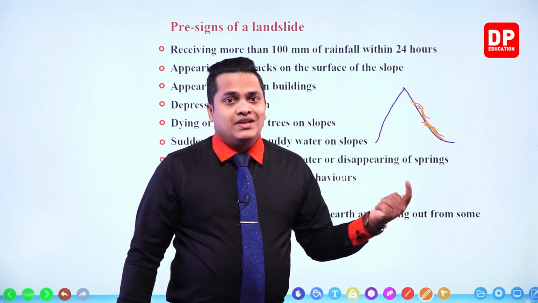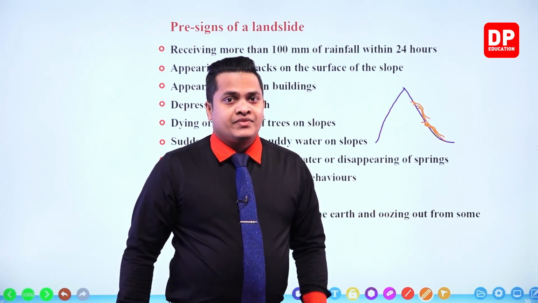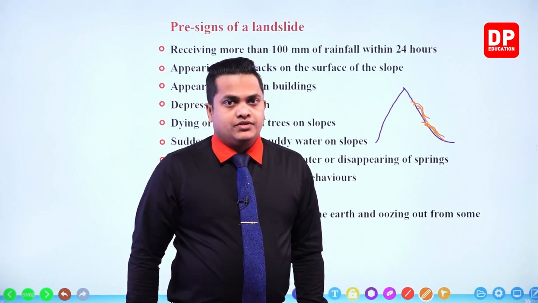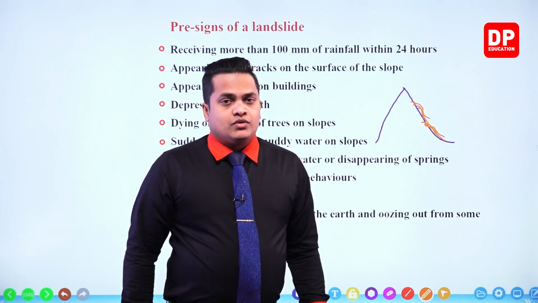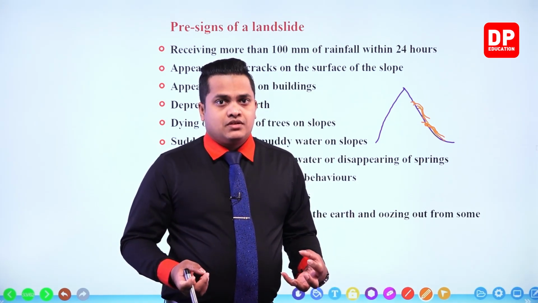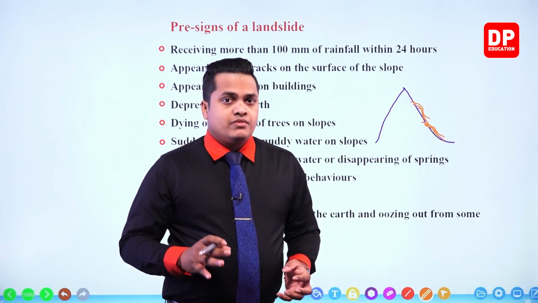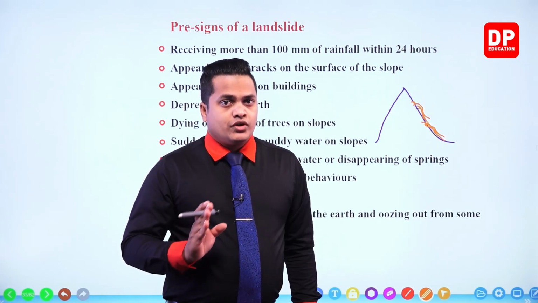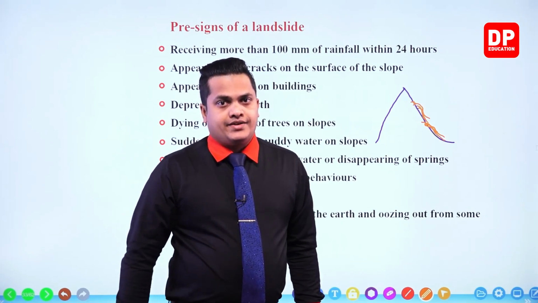If the fountain has disappeared, then my dear children, there's a risk of a landslide on that particular mountain, right? So disappearance of these fountains or springs which are located on a mountain or hill area will show you a pre-sign of a landslide.